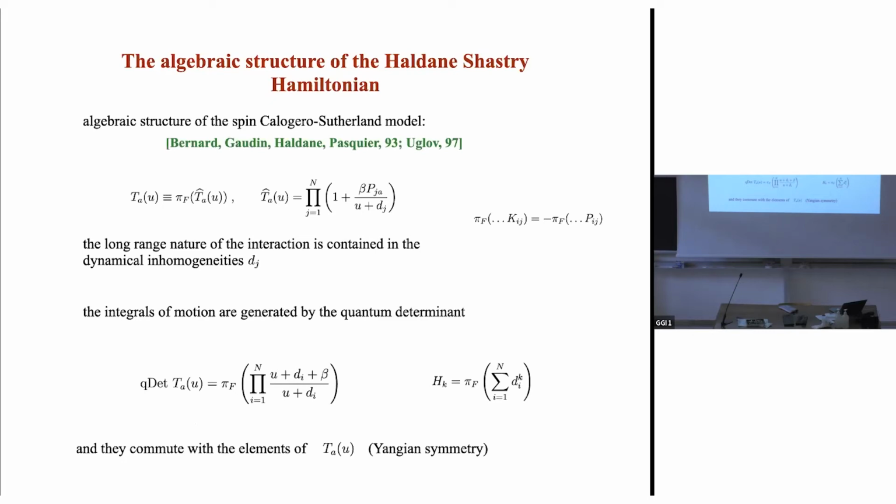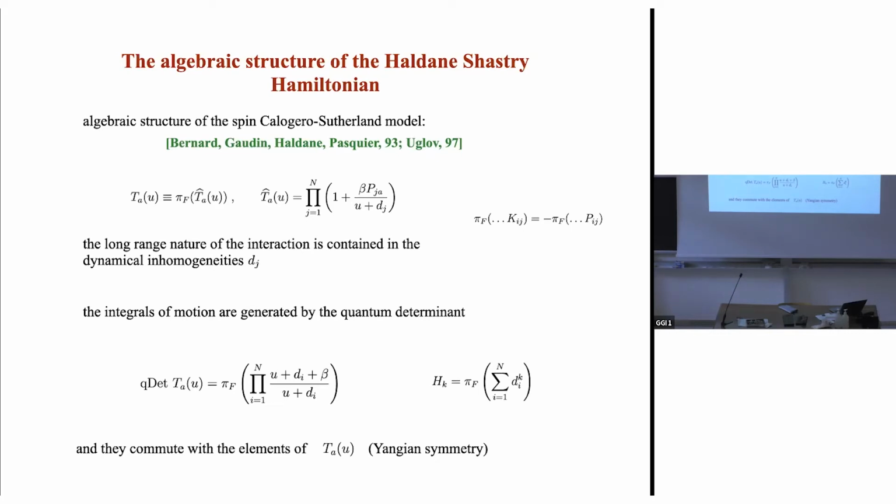One of the advantages is that, starting from this projection, you can build a monodromy matrix for this model, which looks very much like the monodromy matrix for the inhomogeneous spin chain.